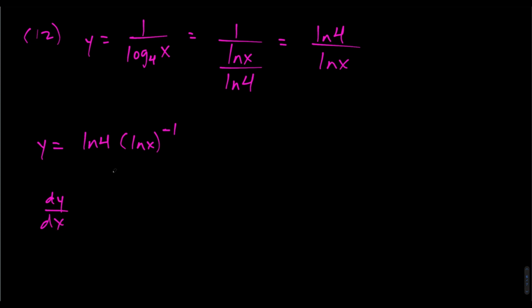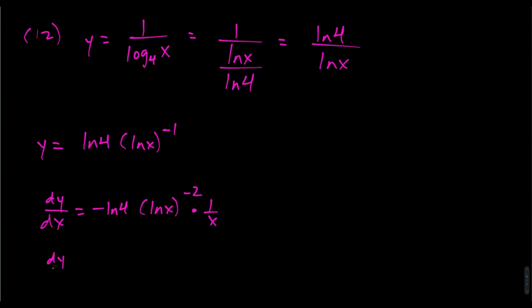So now the derivative, this is just a constant. So I have negative 1 times ln 4 is negative ln 4. And then in the parentheses, I have ln x to the negative 2. So I'm just doing chain rule here. I have the derivative of the outside, I keep the inside the same, and then I take the derivative of the inside and multiply.